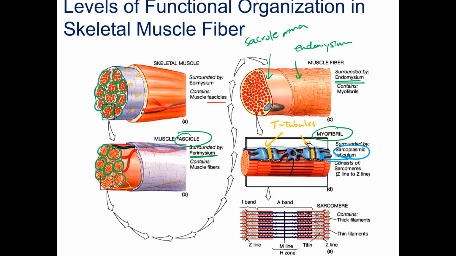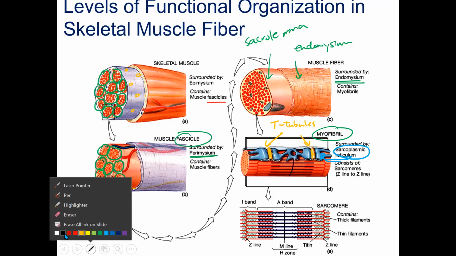And then if we look at the myofibrils, what is it made up of? Well, it's made up of the thick filament, the myosin, which is shown in blue here, as well as the thin filament, the actin, the troponin, and the tropomyosin. Let me write it down for you.